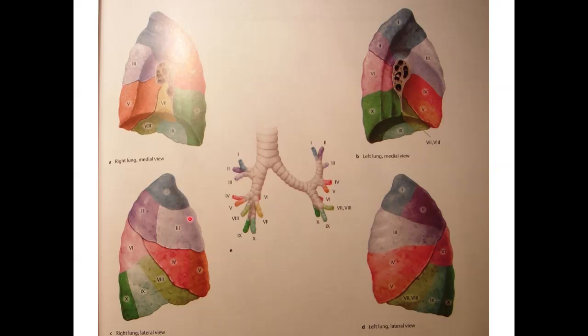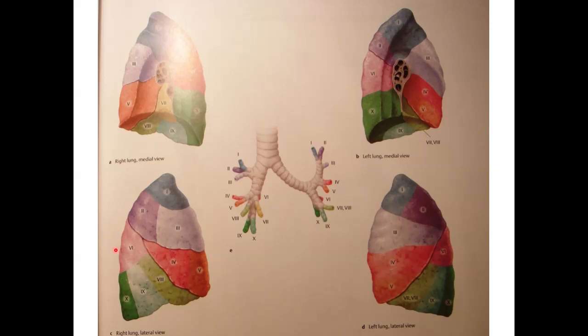That's why in the right lung, number 4 is segmentum laterale, and number 5 is segmentum mediale. And in the left lung, number 4 is segmentum lingulare superius, and number 5 lingulare inferius. They correspond to each other.